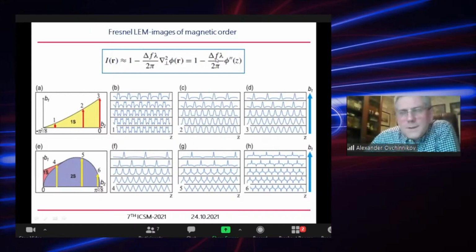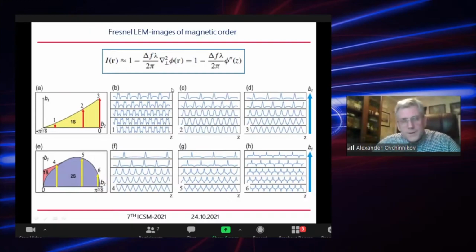It contains some technical parameters here, delta F, the defocusing distance, and lambda, the wavelength of the incident electron beam. So these are pure apparatus parameters, so only the second derivative of phi carries information about the physical behavior of the system.